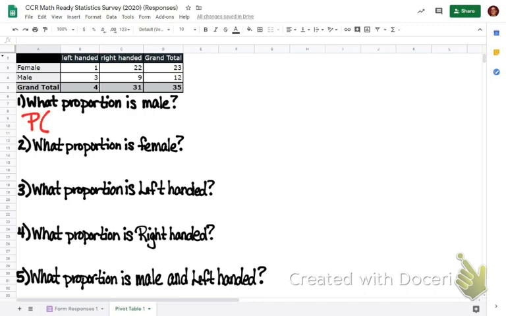And so I would do P for probability or proportion. I'm going to use M as shorthand for male. If you remember looking up here, I'm looking at all the males. So we had a grand total of 12 males complete this survey out of 35 people who responded.